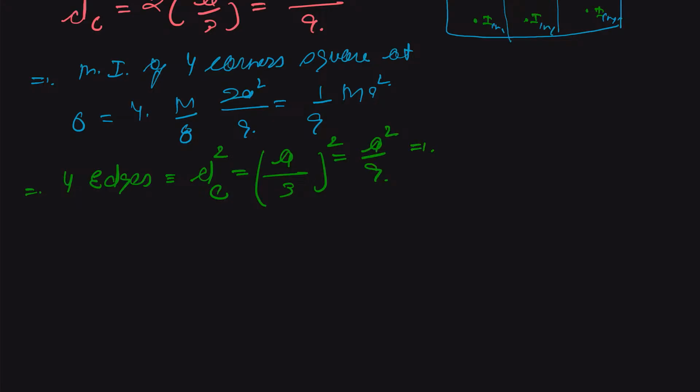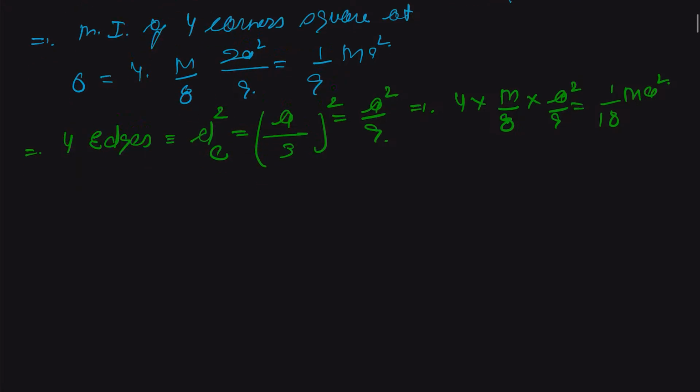Similarly, their contribution towards the moment of inertia at O will be about 4 times m by 8 multiplied by a square by 9, which comes as 1 by 18 ma square.